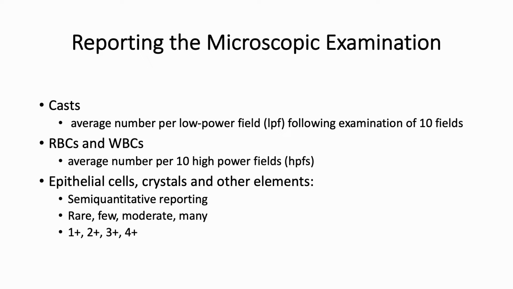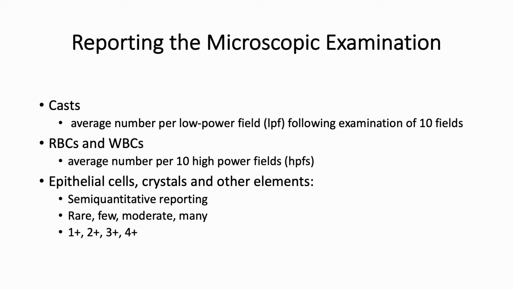The terminology and the methods of reporting may differ slightly among laboratories in terms of the microscopic examinations. Routinely, casts are reported as the average number per low power field following examination of 10 fields. The cellular elements like red blood cells and WBCs are reported as the average number per high power field.